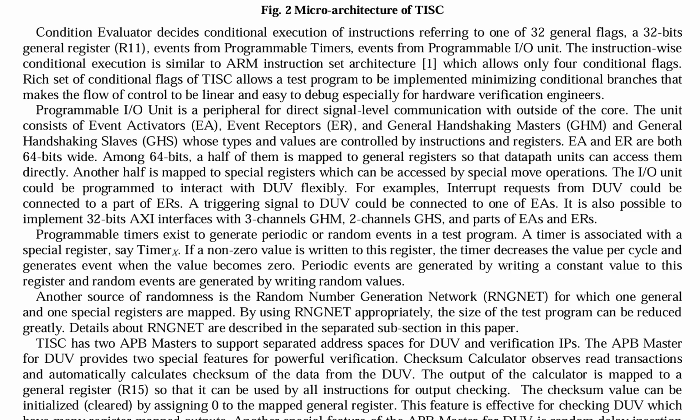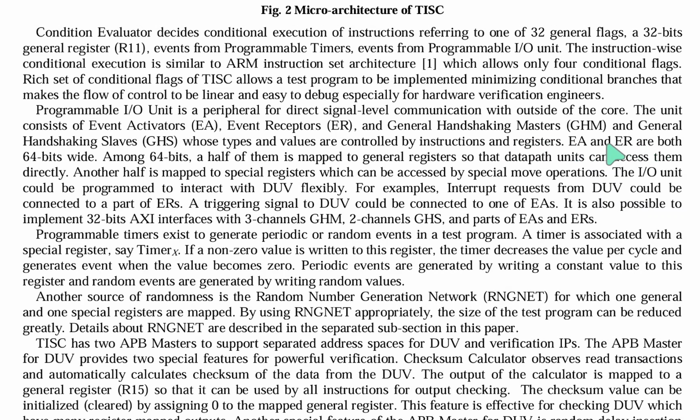The programmable I/O unit is preferred for direct signal-level communication with the outside of the core. The unit consists of event activators EA, event receptors ER, general handshaking masters GHM, and general handshaking slaves GHS, whose types and values are controlled by instructions and registers.